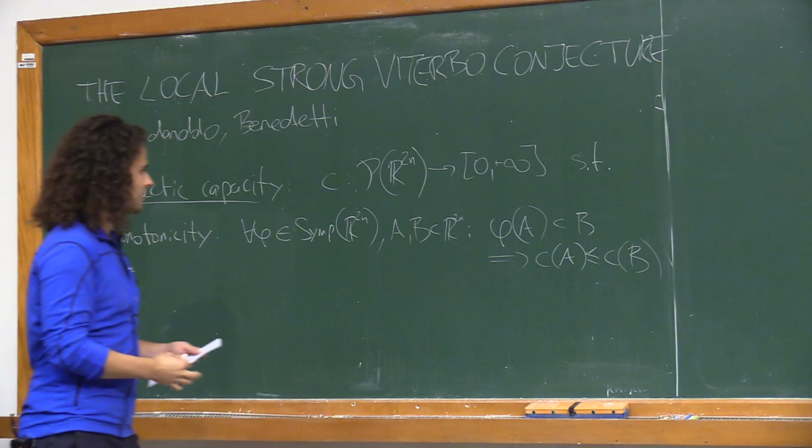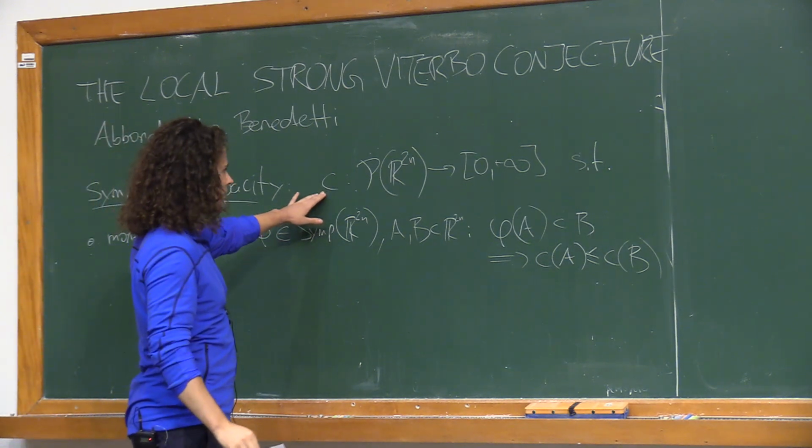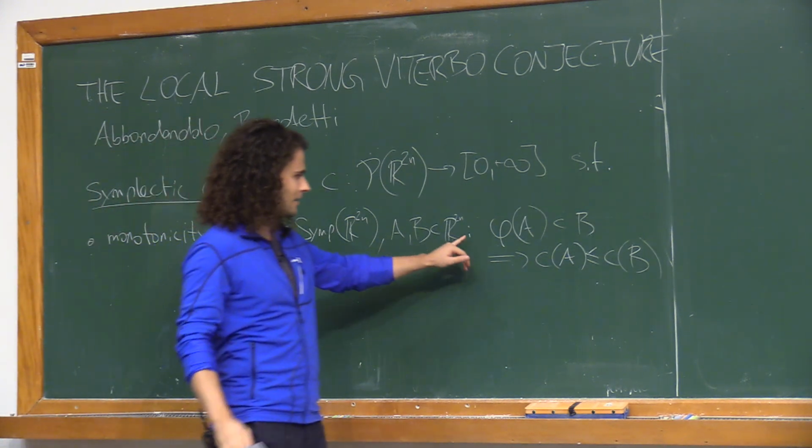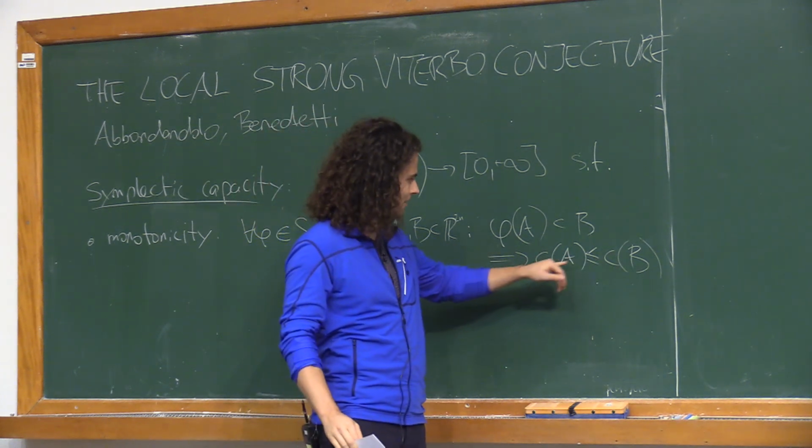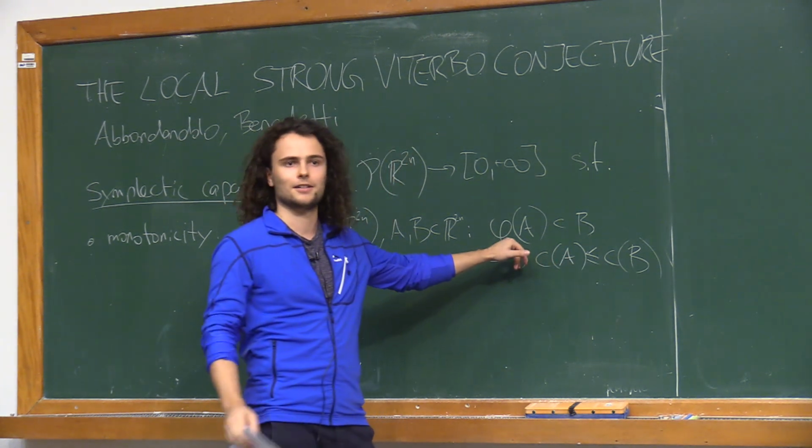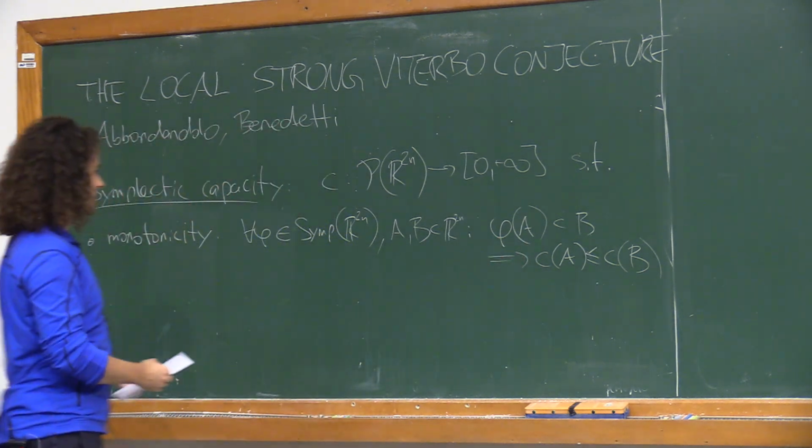And what this is saying is that this function can be used as an obstruction to symplectic embeddings, meaning that if the capacity of B was less than the capacity of A, then this embedding didn't exist, which is a very interesting statement.